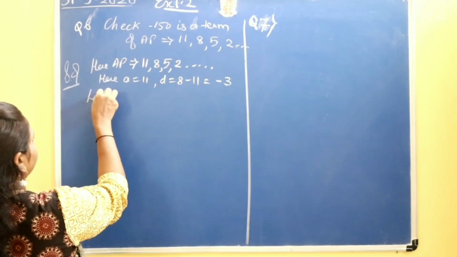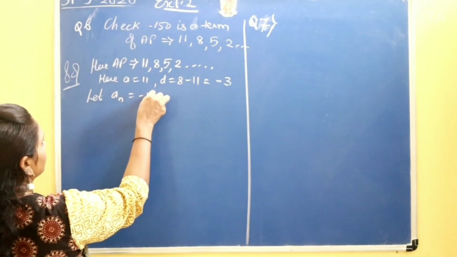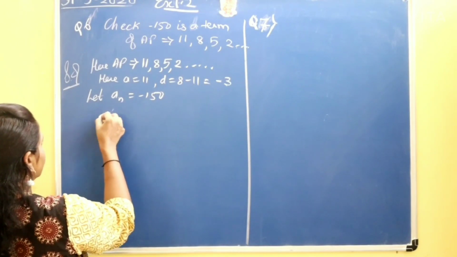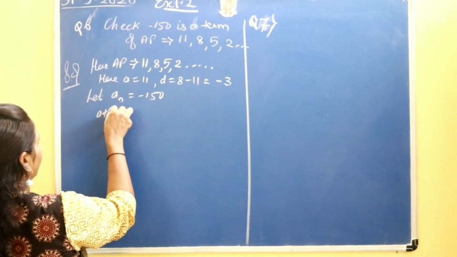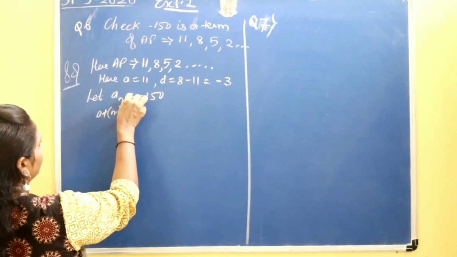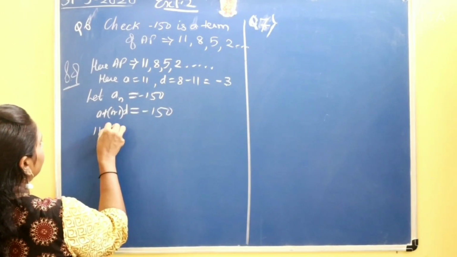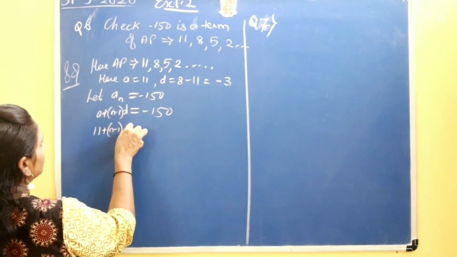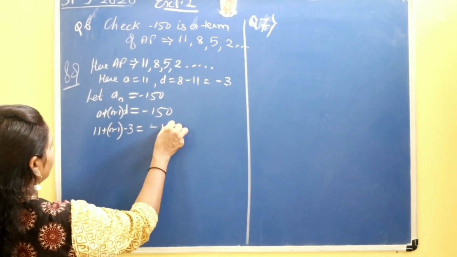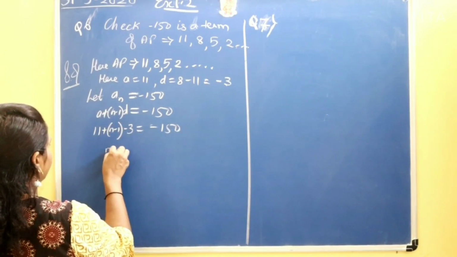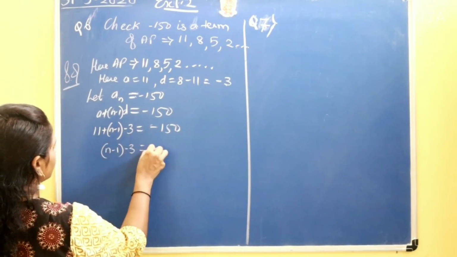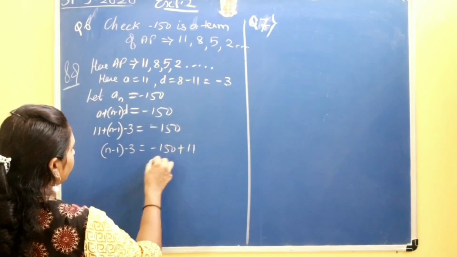So let us take AN is equal to minus 150. Now AN is equal to A plus N minus 1 into D equal to minus 150. A is 11 plus N minus 1 into minus 3 is equal to minus 150. So it is N minus 1 into minus 3 is equal to minus 150 plus 11.